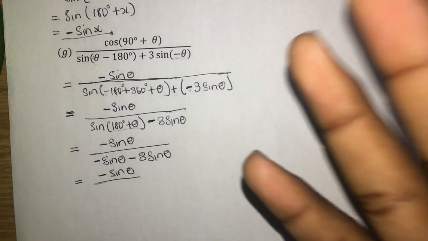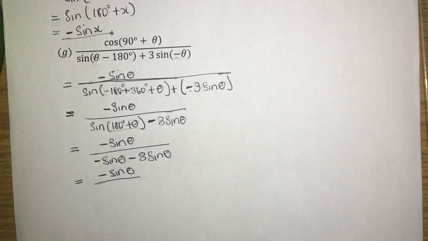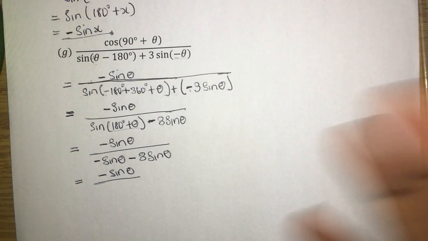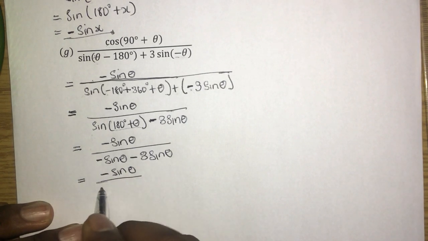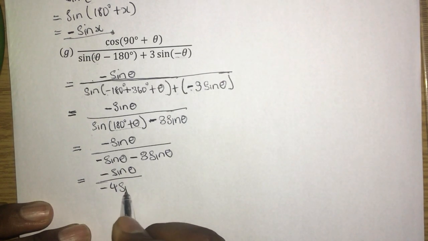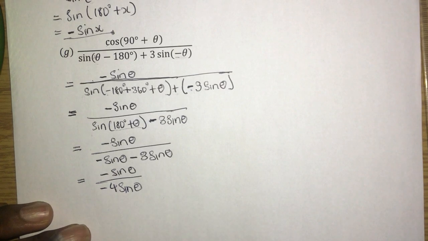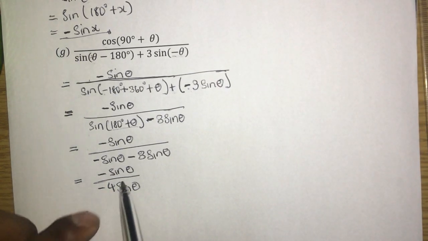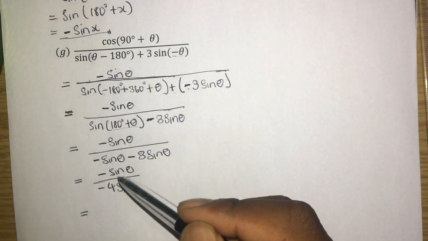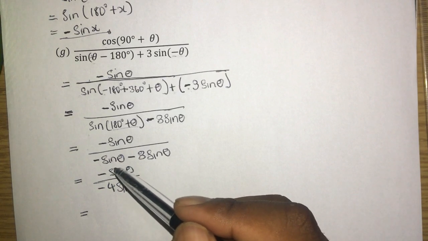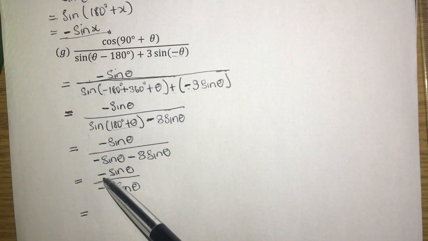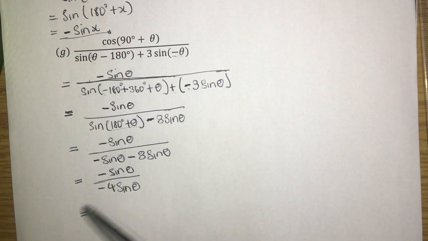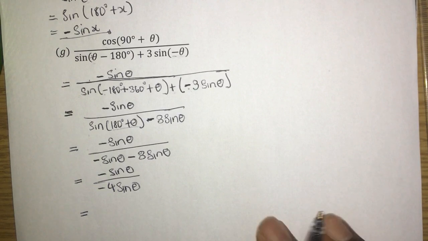Negative 1 sine theta minus 3 sine theta, so it will be negative 4 sine theta. Then I will simplify this further by looking at the signs first. The signs are negative and negative. Negative divided by negative is positive. I'm sure my answer will be positive.